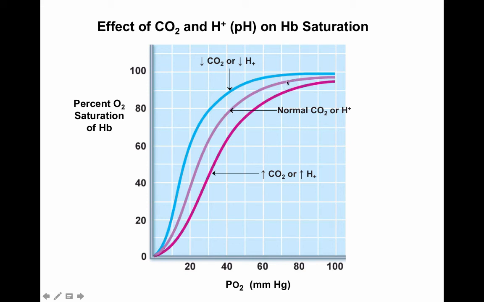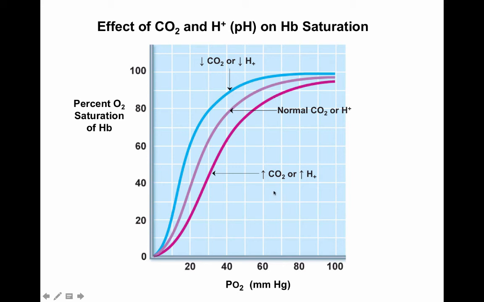The effect of carbon dioxide and hydrogen on hemoglobin saturation would show that if this light purple line is our normal CO2 or hydrogen levels within the blood, we could expect a hemoglobin saturation of oxygen at this rate. If we have lower carbon dioxide or lower hydrogen, we see much higher saturation of hemoglobin with oxygen. However, if we have increased levels of carbon dioxide or hydrogen, we see much lower saturation of hemoglobin.